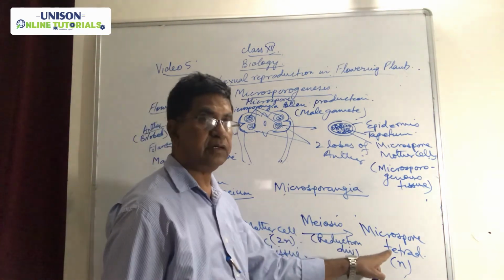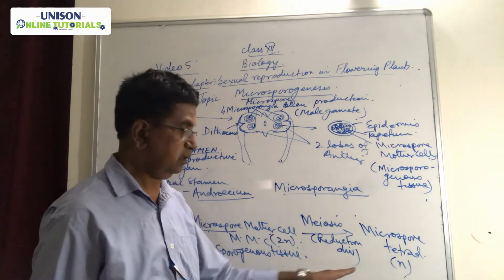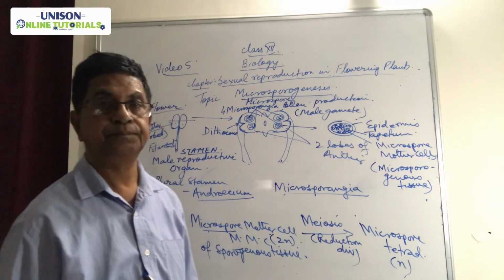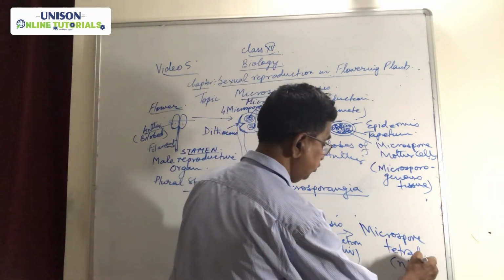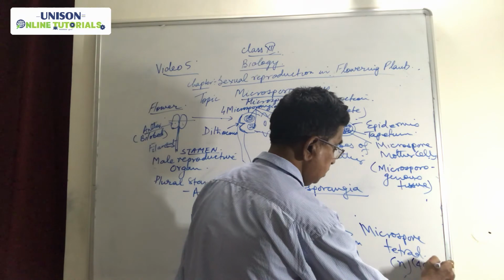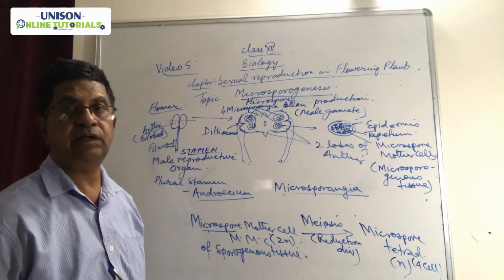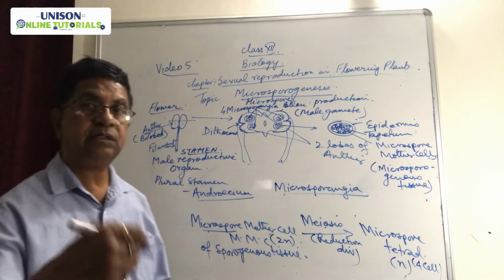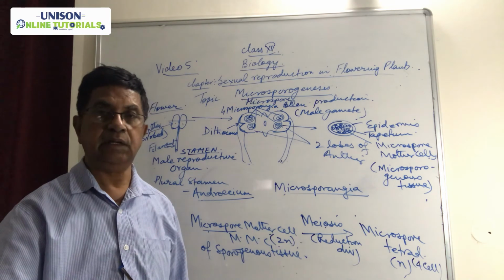Then the microspore tetrad is formed, having n number of chromosomes, that is the haploid number. Now what is tetrad? Tetra means 4, so 4 cells are formed by the process of meiosis cell division, because meiosis is 2 cell divisions taking place in succession.